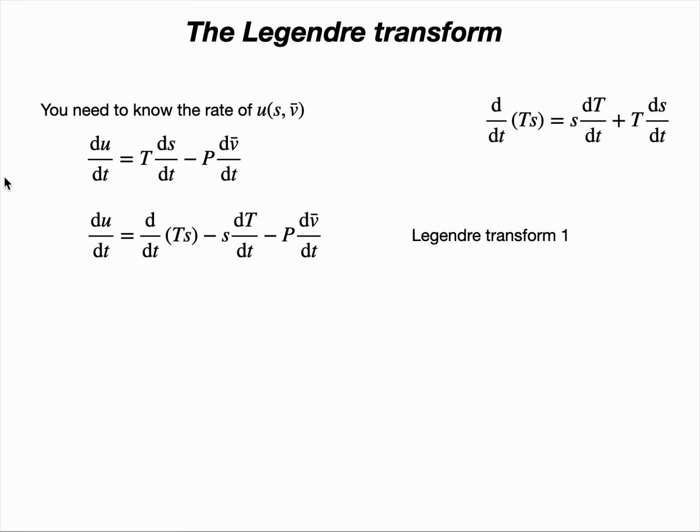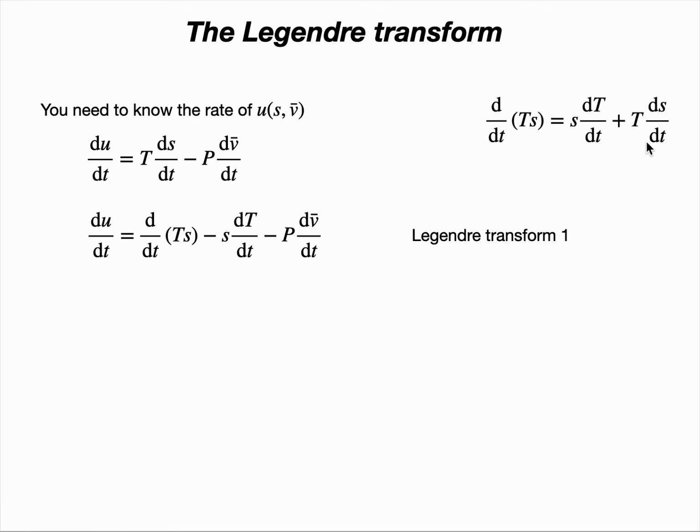So let's start. What we're going to do now, we're starting with dU/dt, and we are going to use the derivative of the TS product. You know that if you make the derivative of the TS product, you will end up with S dT/dt plus T dS/dt. T dS/dt is this term here in U. So what about introducing T dS/dt as being d/dt of TS minus S dT/dt?